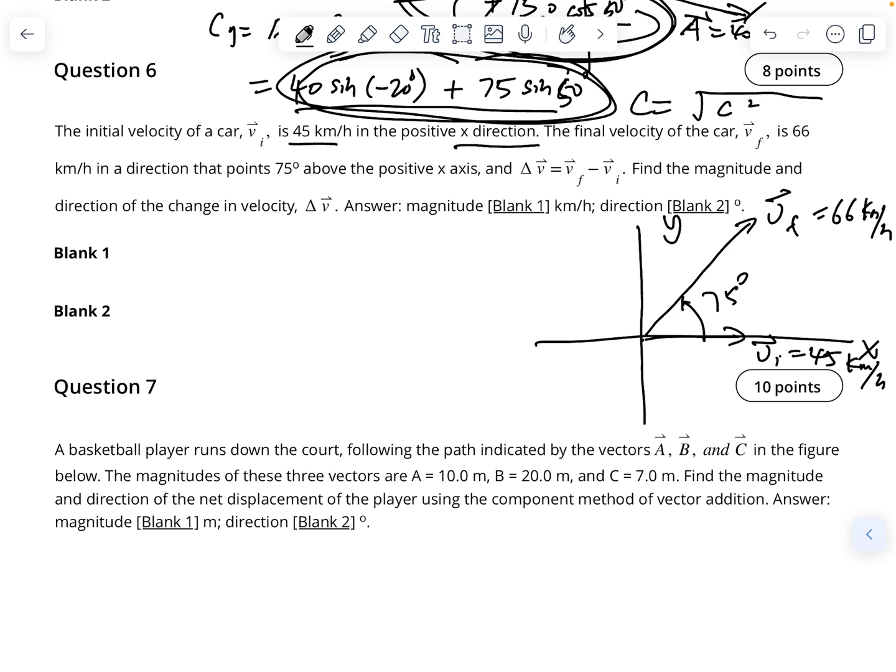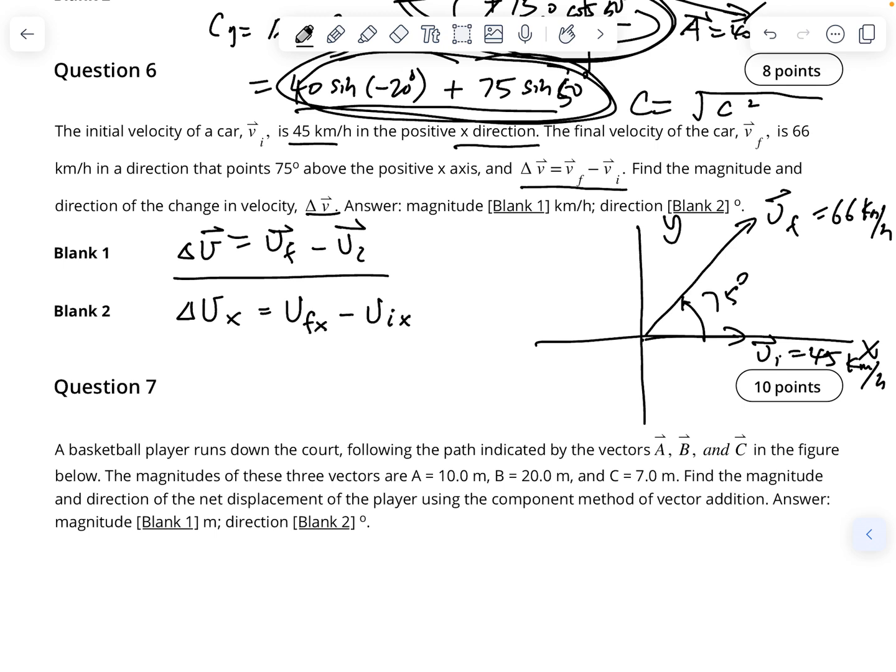And look, changing velocity, VF minus VI. Find the magnitude and the direction of the changing velocity. Okay, so changing velocity equal to VF minus VI. All right, so this is the equation you use. Components method, right? The x component of the changing velocity equal to VFX minus VIX.